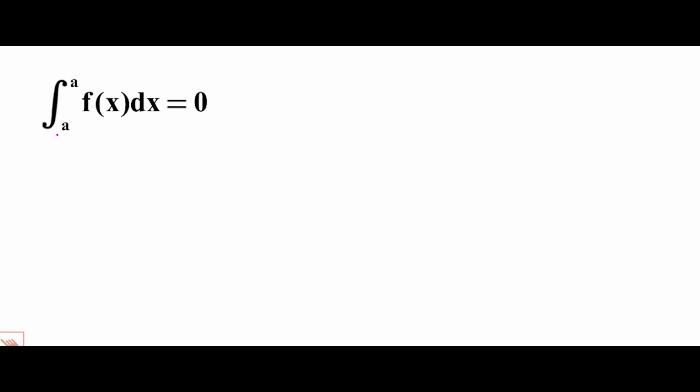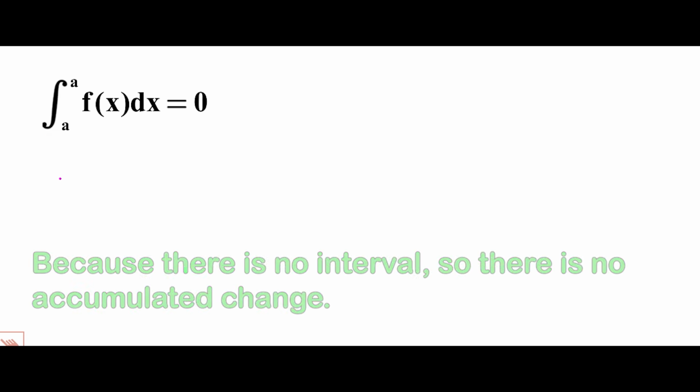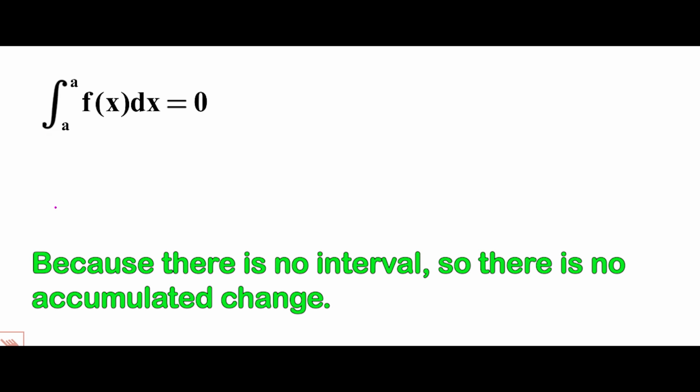Now let's organize the most important properties. Number 1, the integral of f of x dx from a to a is 0. It means if the upper and lower limits are the same, then the integral is 0. But why? Because there is no interval, so there is no accumulated change, right?